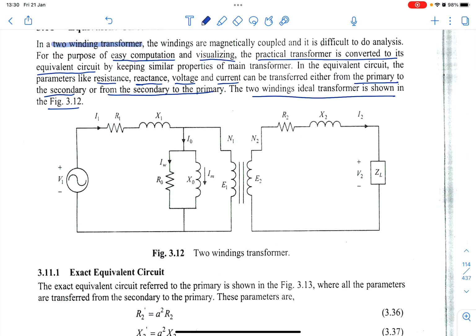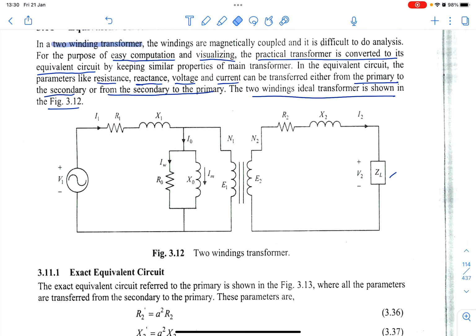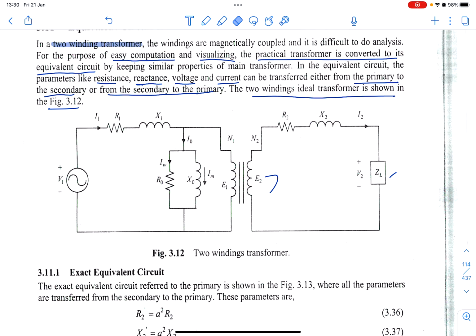And then this is your secondary part, where you have resistance at the secondary, reactance at the secondary, and the load impedance. You can transfer either from secondary to primary, or from primary to secondary. It's vice versa, depending on what the question requires you to answer.